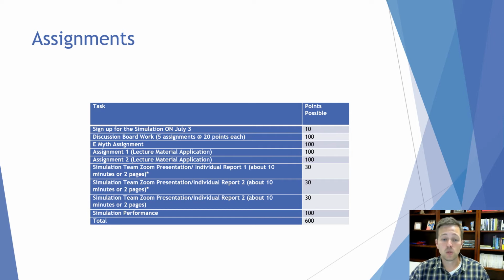There are going to be 2 assignments over the lecture material. So you'll be watching videos like this of me. Sorry, there's no textbook. You've got to learn it from me. You can take notes on that, and then it's going to be application of that lecture material. So it's not just going to be memorization and telling me what I said, but you're going to have to actually apply it.